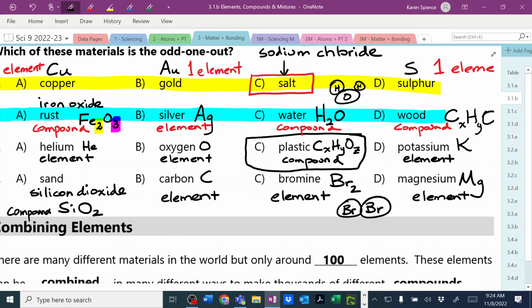Now, to be fair, sand can also be many other things other than silicon dioxide. That's just one of the main components. So if you have crushed up shells as a part of your beach, and that's part of your sand, that's probably going to be calcium carbonate, I'm guessing. Okay, so there's different compositions, but that's one of the main ones. Okay.